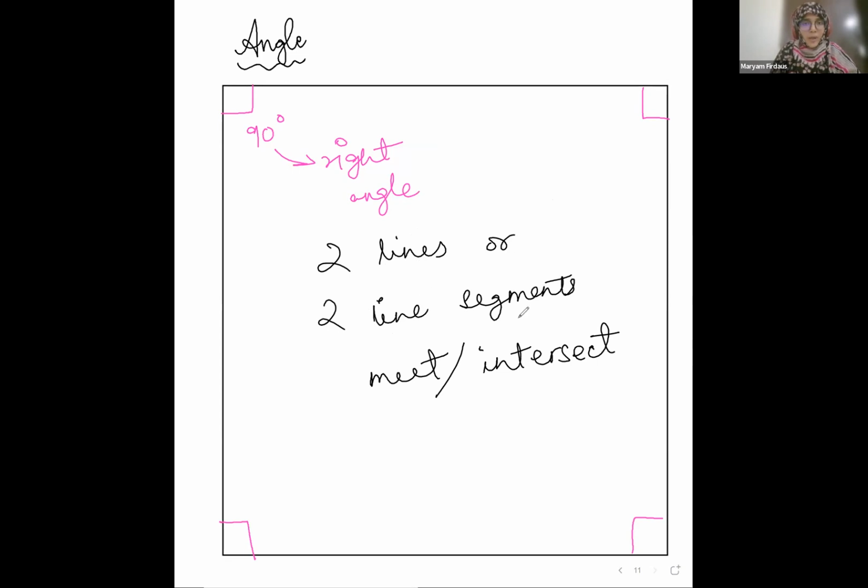When two lines or two line segments meet, they form an angle, right?